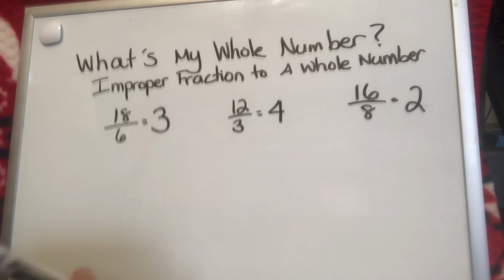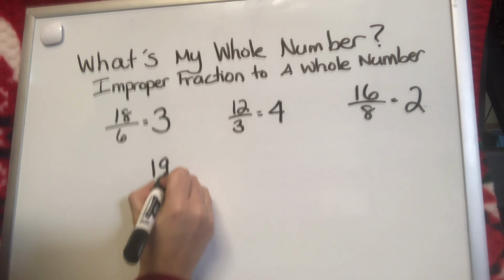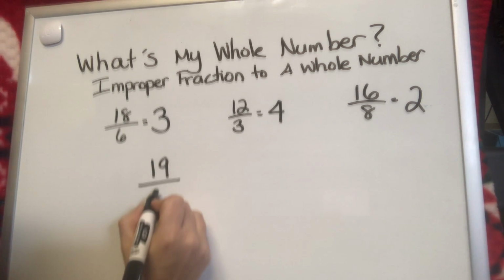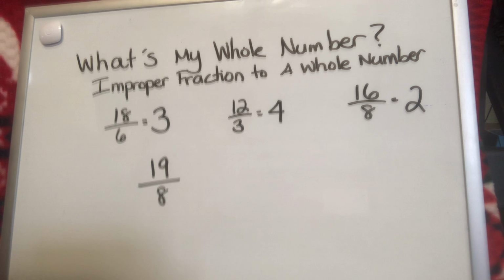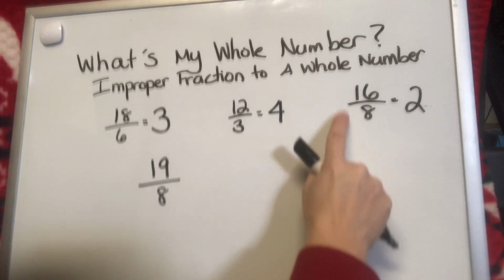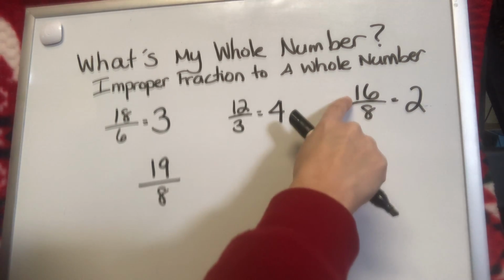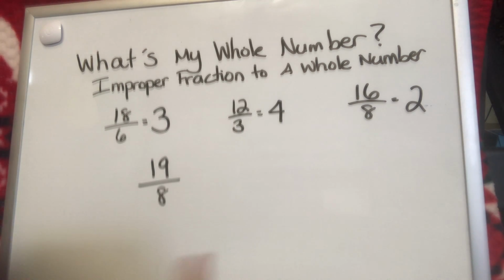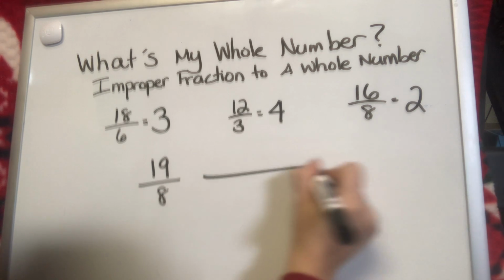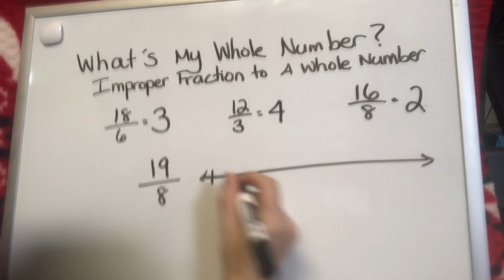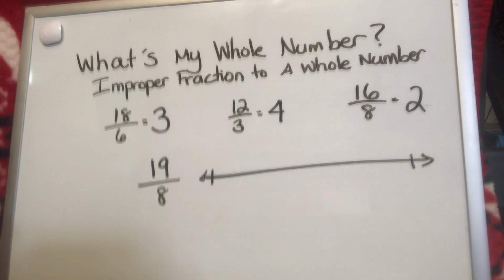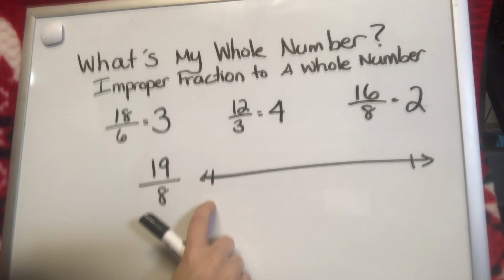Let's do 19 eighths. Okay, so nothing times 8 equals 19, right? But up here, I do know that 16 divided by 8 equals 2. And so we're close, right? 16, 19, that's close. So if I had to draw a number line, and I wanted to do two numbers, what do I want to put here? I want to put the 2.